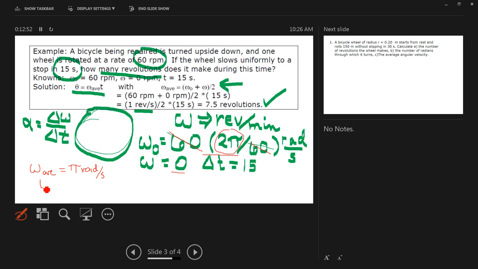And if the time is 15 seconds, right? And we apply this formula, theta is omega average t. This is going to give us theta of 15 pi, isn't it? 15 pi.